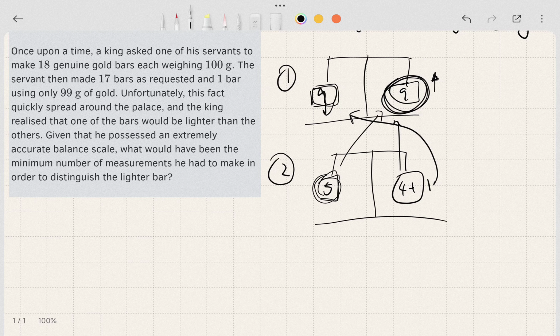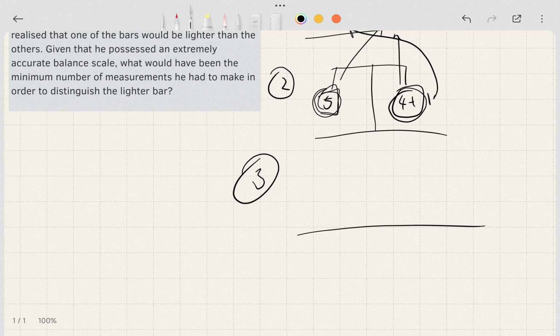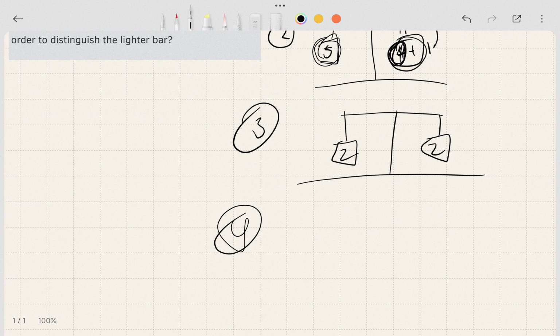We know there is definitely going to be a side that contains the defect. If the defect is on this side, we can proceed to the third test. We know it's going to be one of the 4 bars that contains the defect. So you put 2 on each side, and there will be another defect.